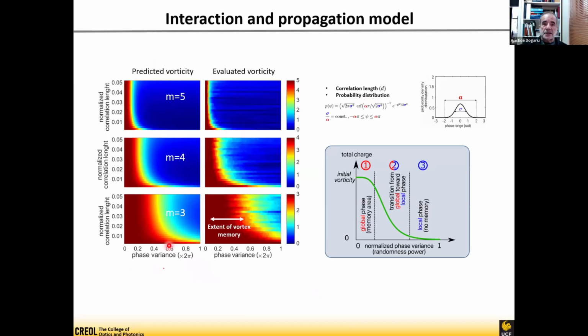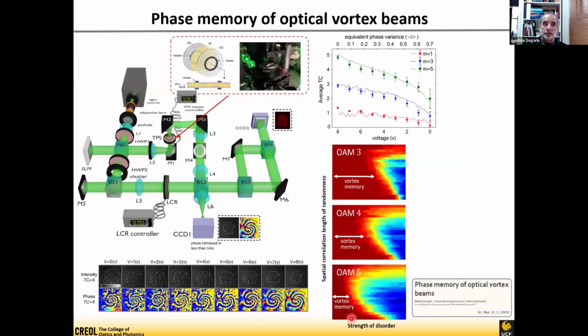So practically we have identified a means to measure the memory of these orbital angular momentum beams, and that allows us to practically approach an inverse problem.